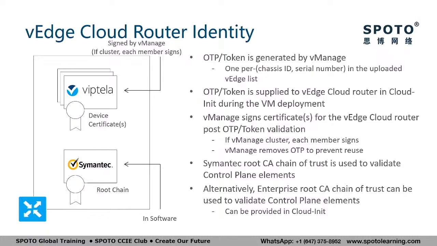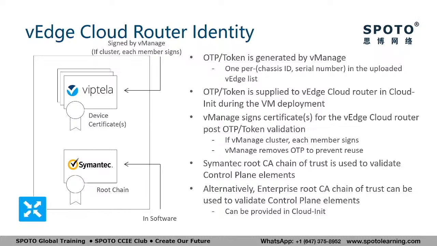When deploying the vEdge Cloud Router in the public cloud, for example AWS and Azure, the process is a little bit different. The OTP token is supplied to the vEdge Cloud Router in cloud-init during the VM deployment.